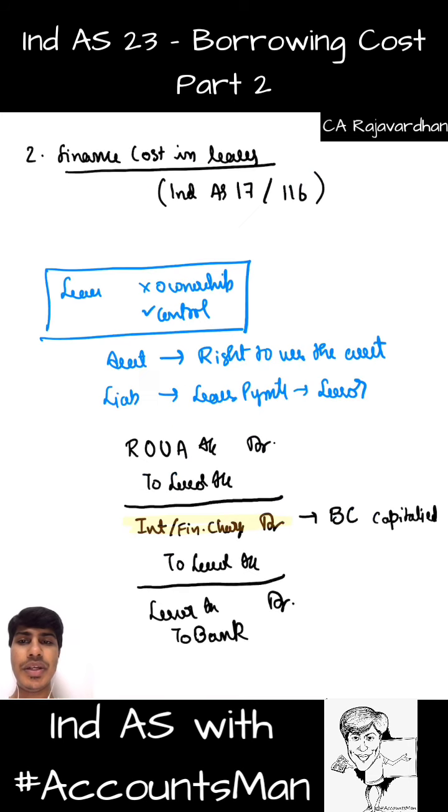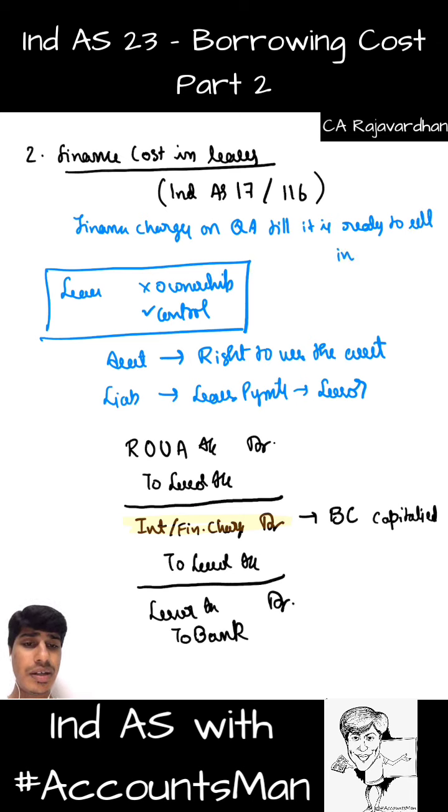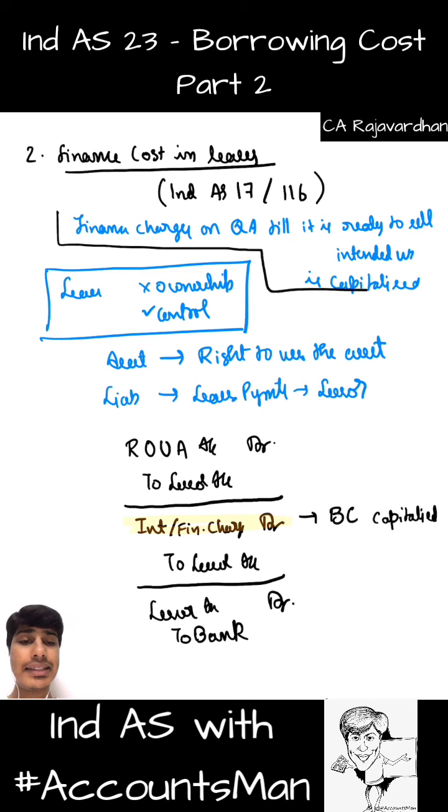So I'll write this point here: finance charges on qualifying asset till it is ready to sell or intended use is capitalized. It is to be capitalized till that date.